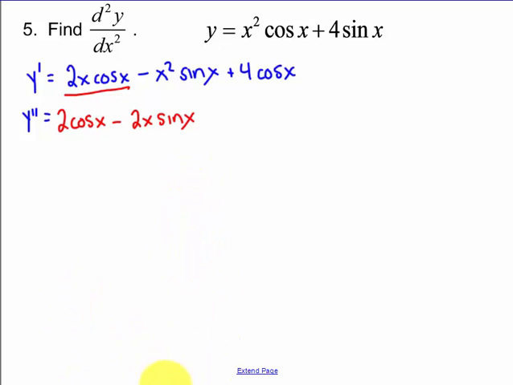Then bring down this minus sign, and we're going to eventually distribute when we take the derivative of this, which is again another product rule. Derivative of the first, leaving the second alone, plus leaving the first alone, derivative of the second, and then the derivative of that final term is a minus 4 sine x.